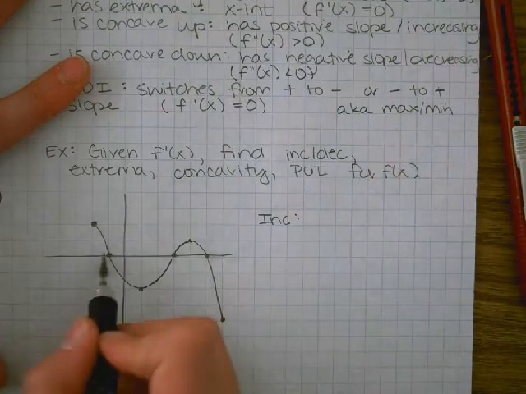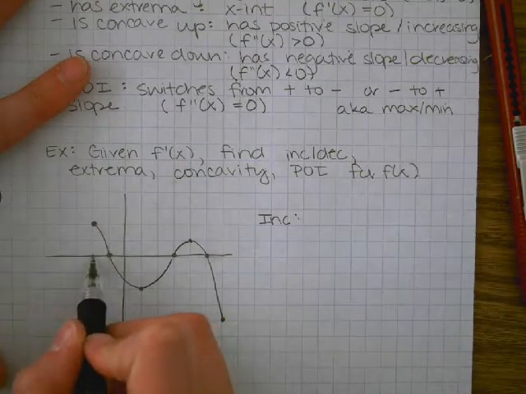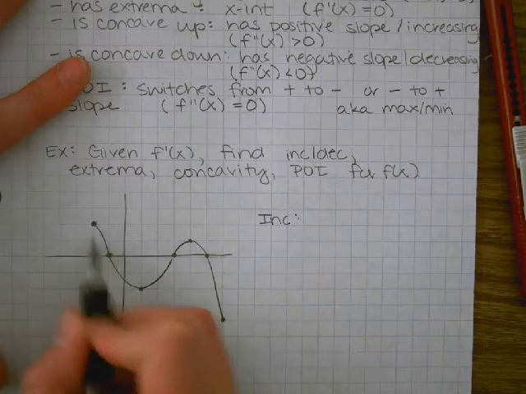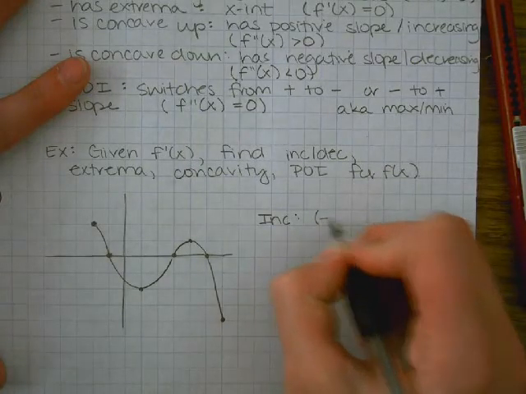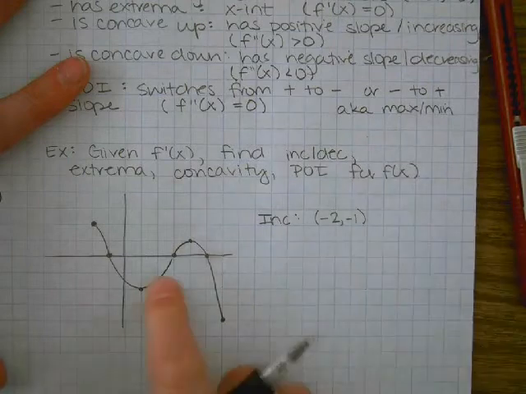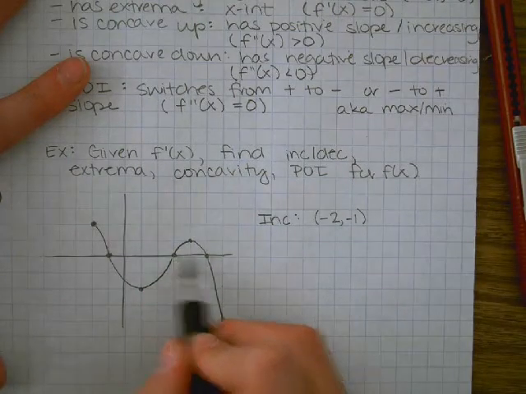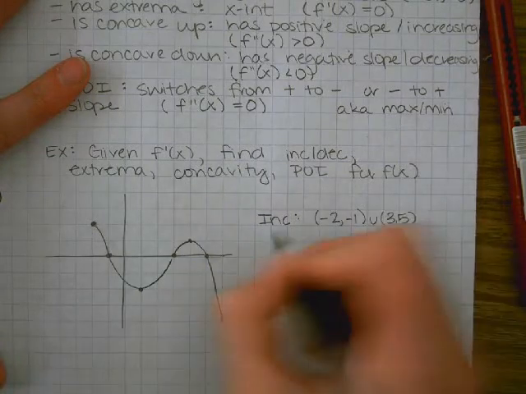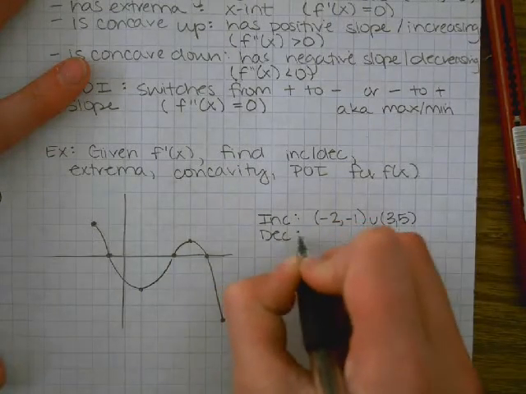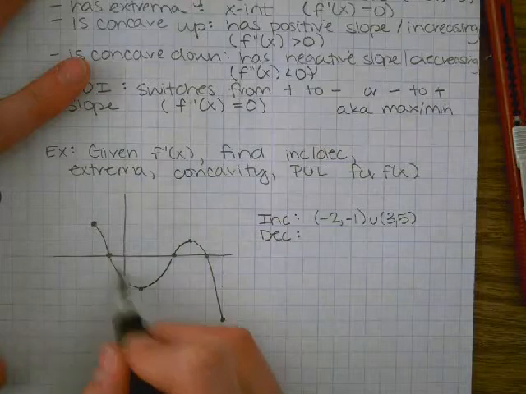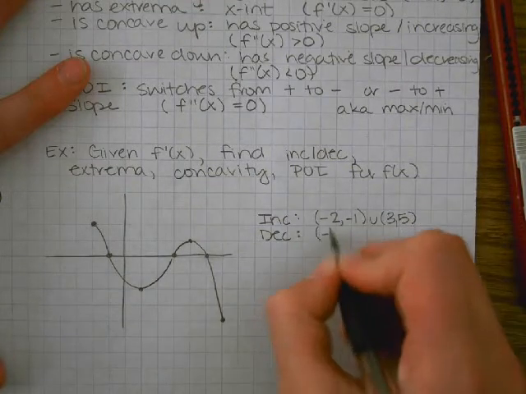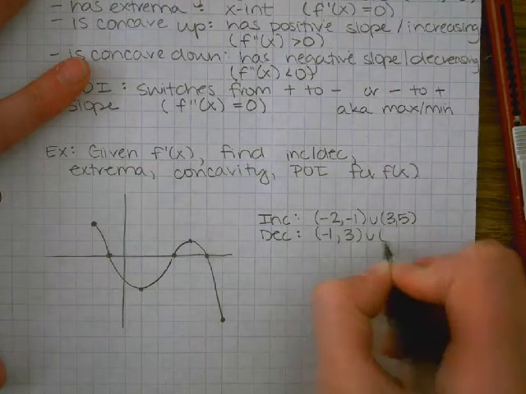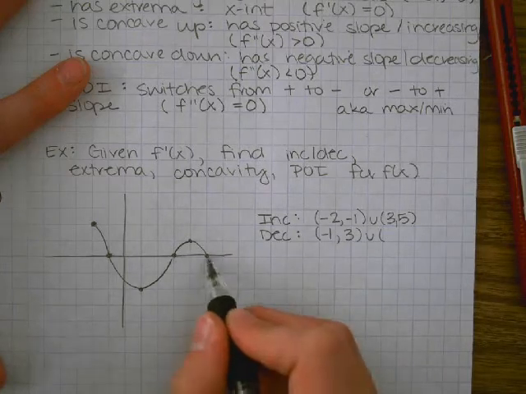So we're going to say the original graph was increasing from -2 to -1, because this part of the graph is above the x-axis. And then also over here from 3 to 5. The graph is decreasing from -1 to 3 because it's underneath the x-axis. And it's decreasing from 5 to 6.